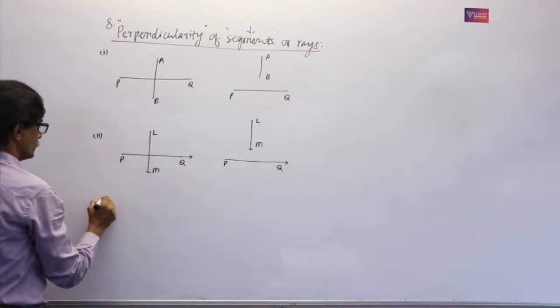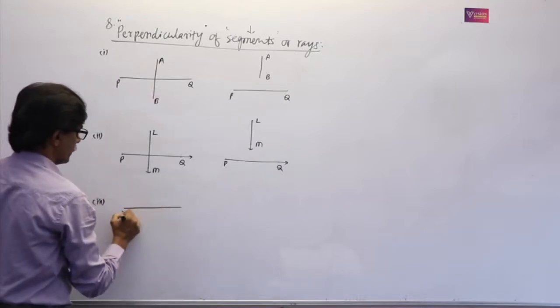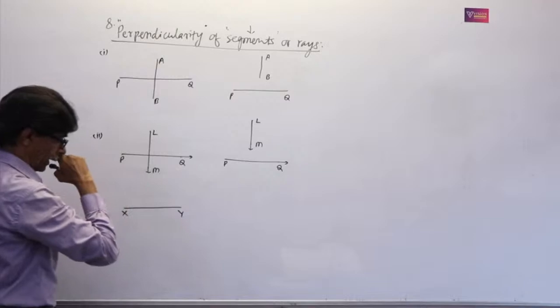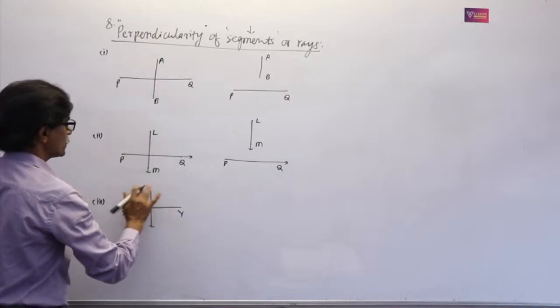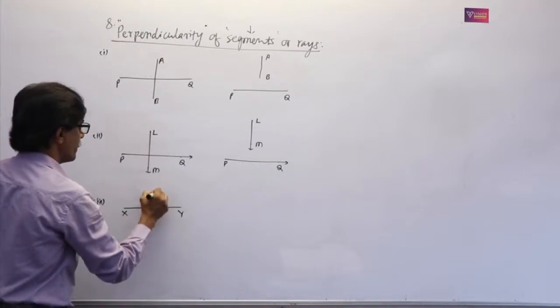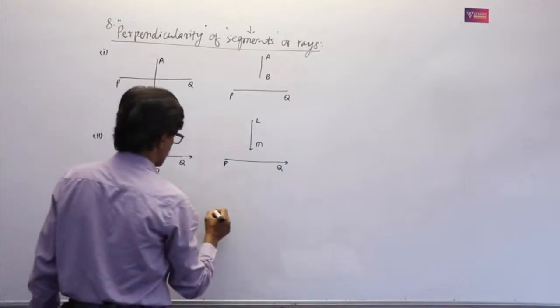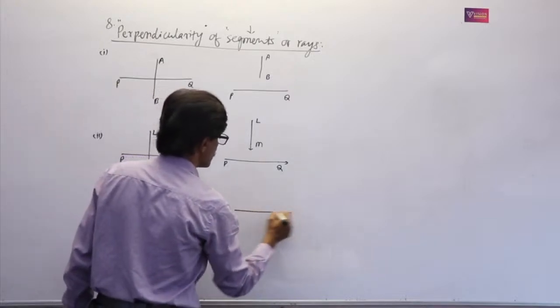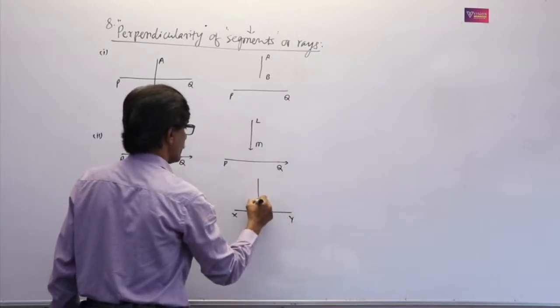Now a segment and a ray. Third figure. I have taken a segment, suppose XY. A segment. I take a ray, this is the ray. Suppose I give the name PM. The same figure can be drawn like this also. Same segment XY, and I take a ray like this.